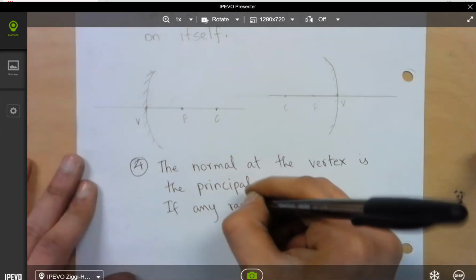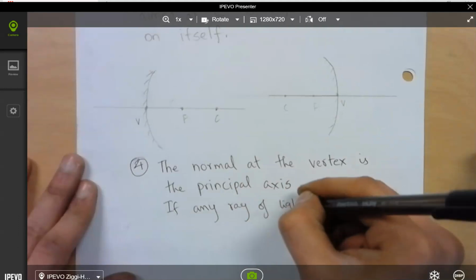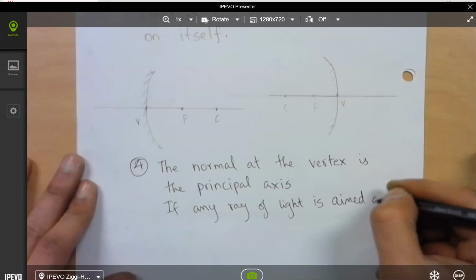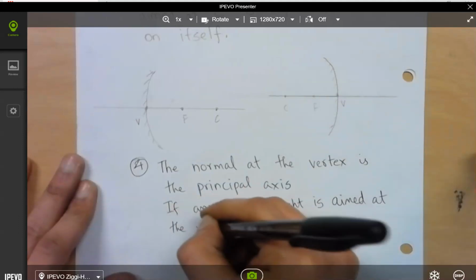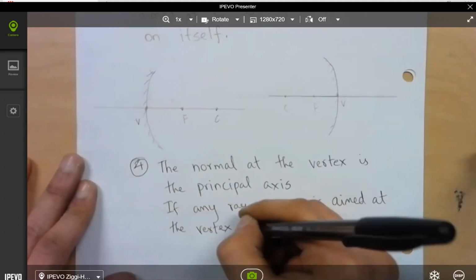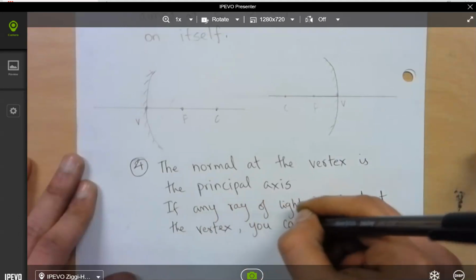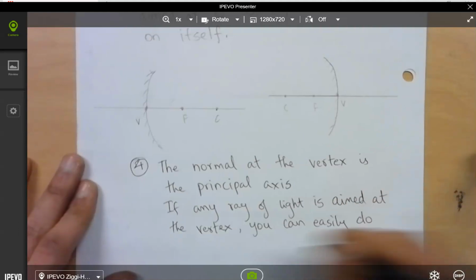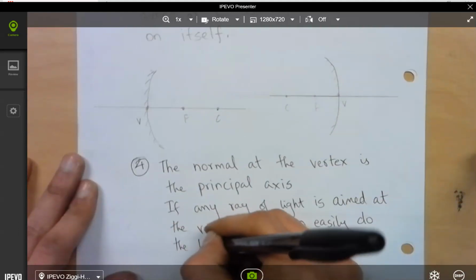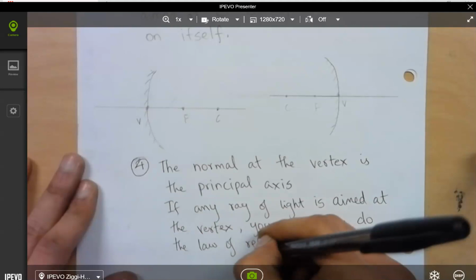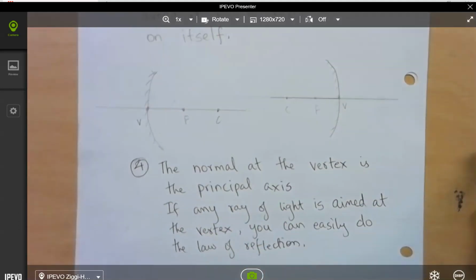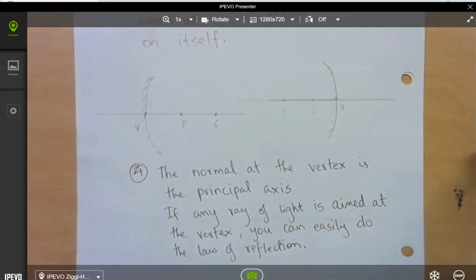Basically all these rays that we've drawn so far are still following the law of reflection, right?